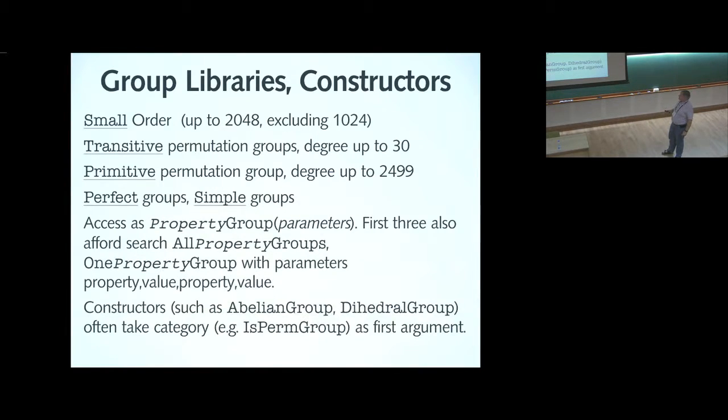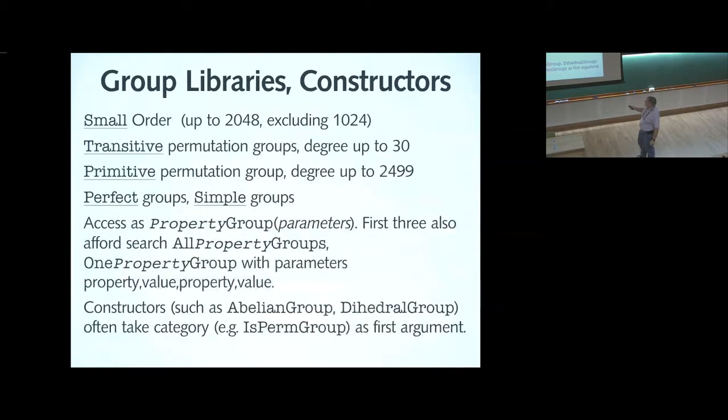For these first libraries, you would access them as, well, property would be small or transitive or primitive, say primitive group, and then parameters. Parameters could be, for example, with the primitive groups, number of moved points, comma, 10, you want a group on 10 points.